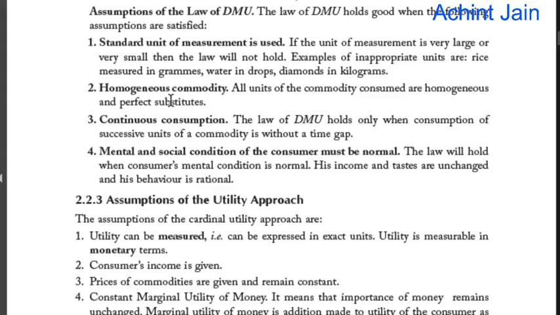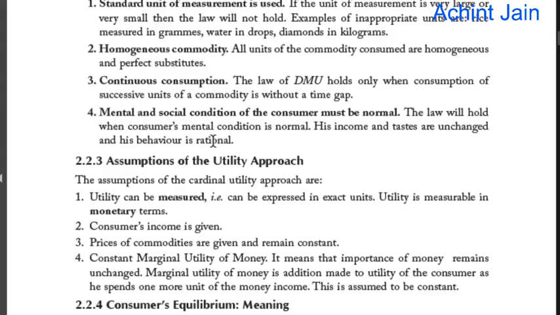Homogeneous commodities means you get the first unit of the burger, and the next unit of the burger also. All units of the commodity consumed are homogeneous or even perfect substitutes, and consumption should be continuous, without a time gap.